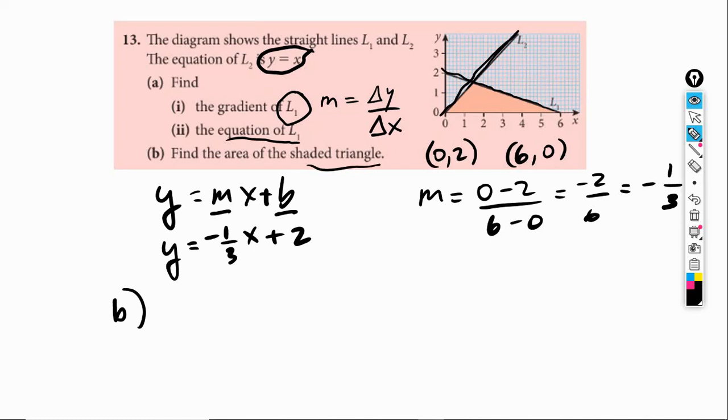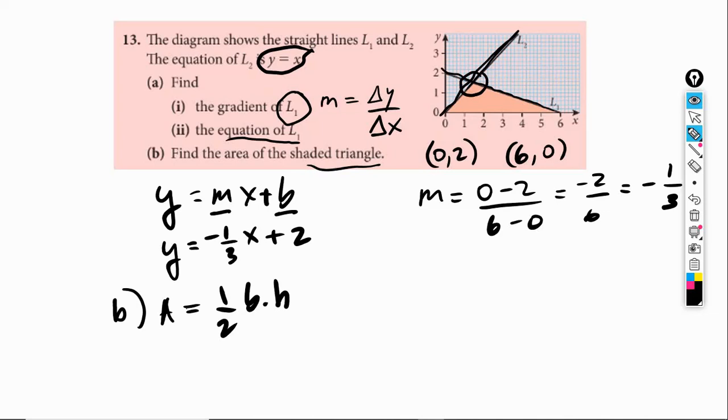So remember that a triangle's area is equal to 1/2 base times height. And we do have the base, which is very evidently 6, but we don't have the height, because the height is this point here, and we can't really tell exactly what it is.